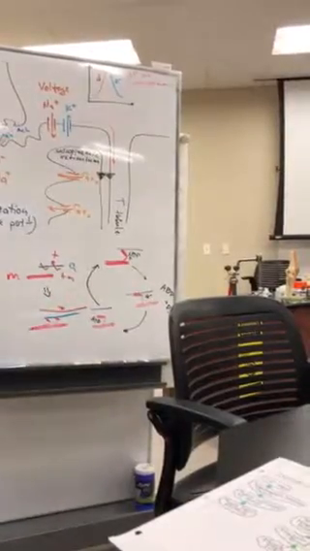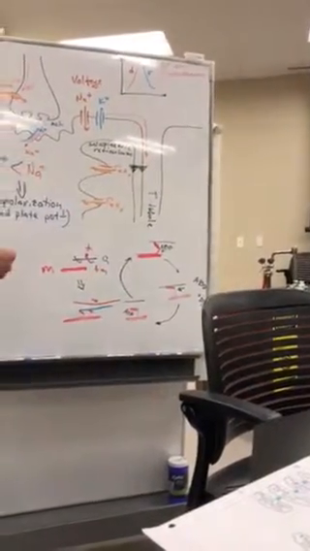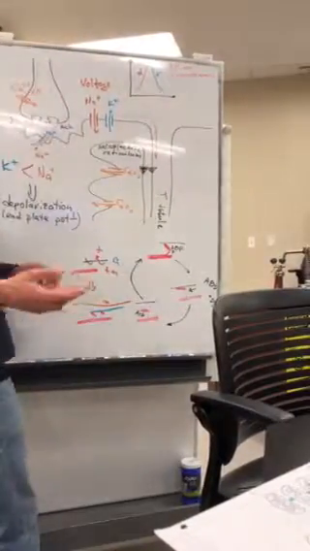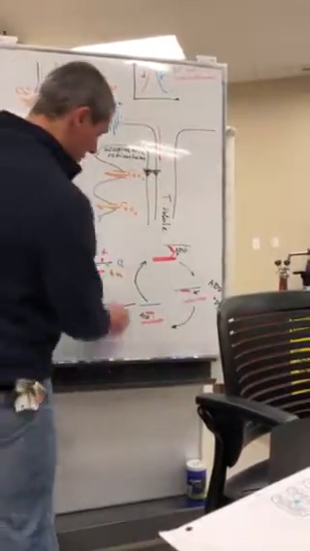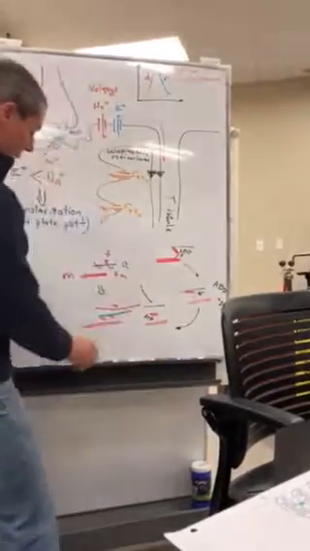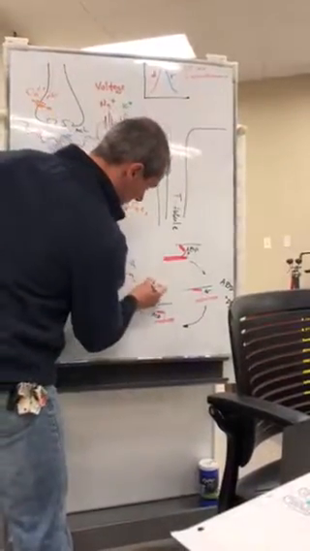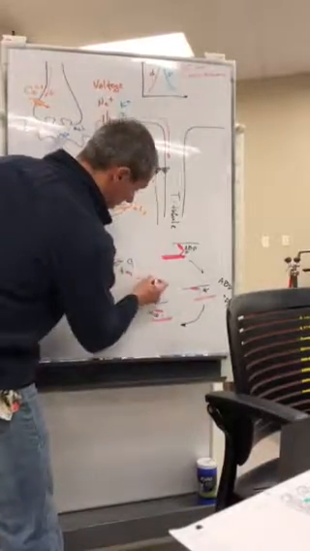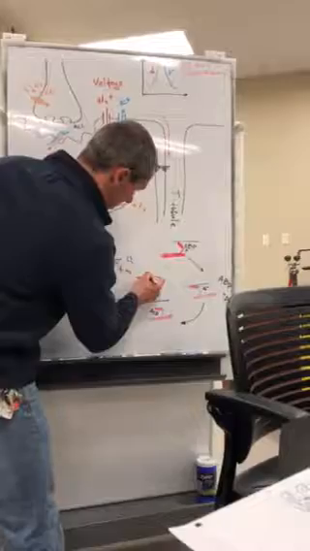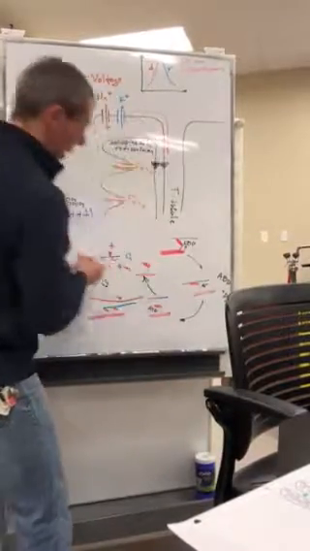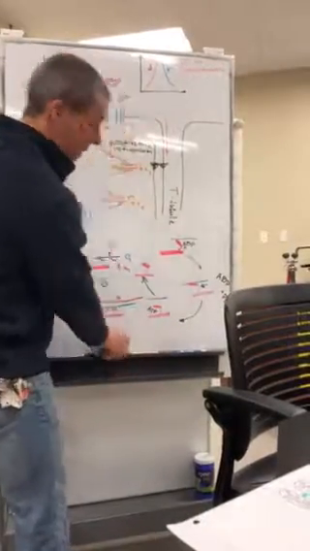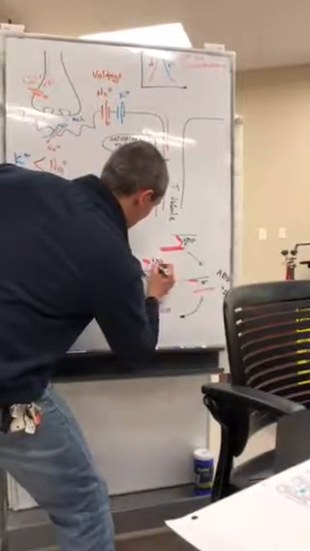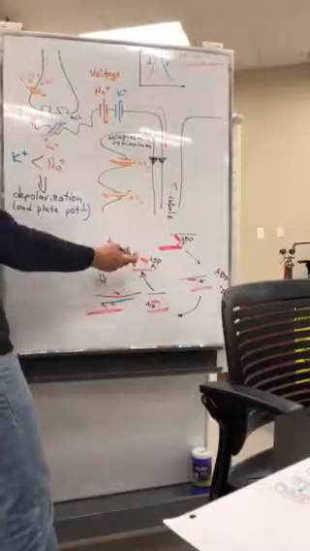Then you have the breakdown of ATP into ADP and phosphate, which is still bound to myosin.